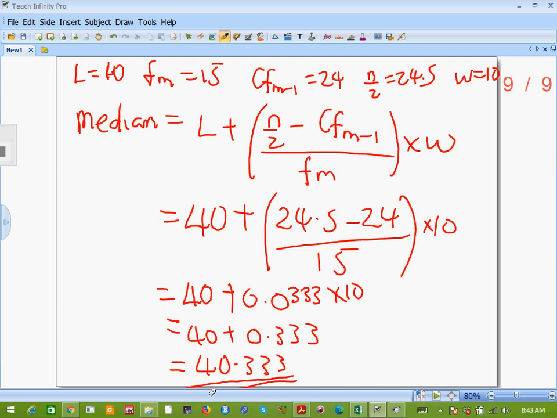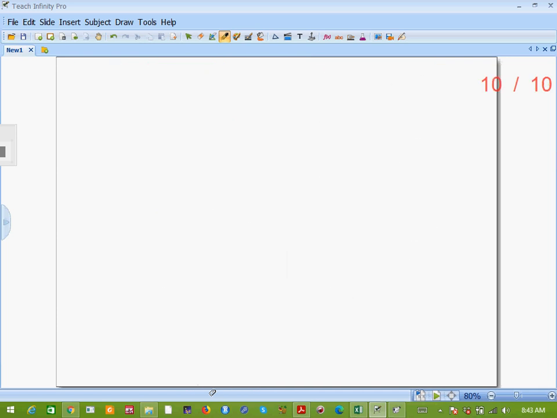Alright, then we now go to measures of dispersion, and we're going to find the variance. So variance, which is represented by s squared.